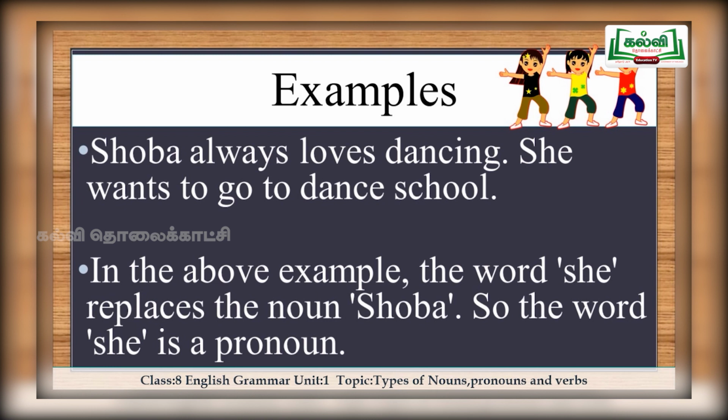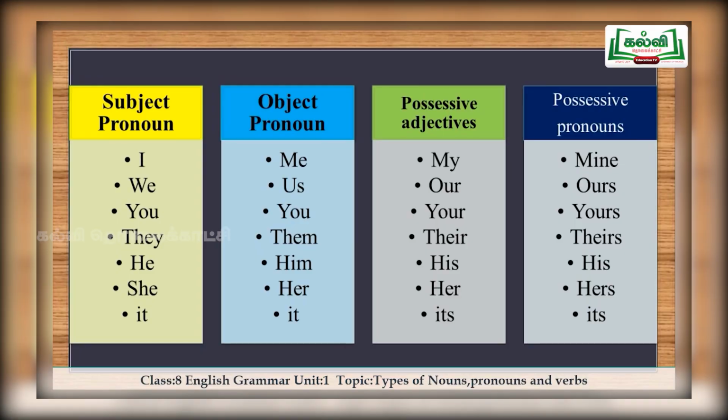In the above example, the word she replaces the noun Shobha. So the word she is a pronoun. So let's check some subject pronoun examples and object pronoun examples, and I am also going to give you a list of possessive adjectives and possessive pronouns. Shall we look into that?